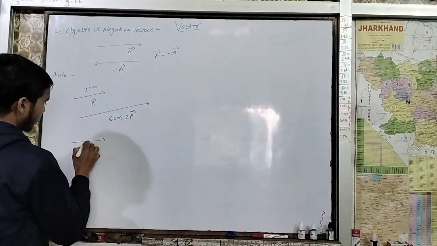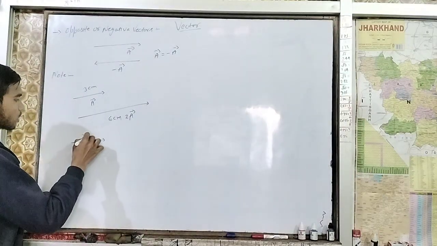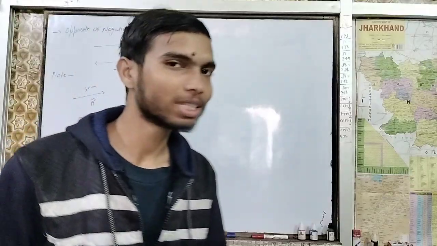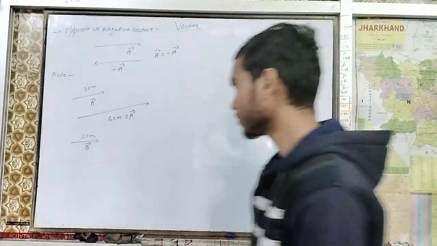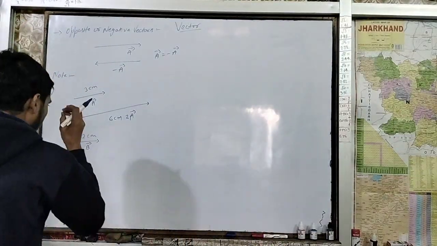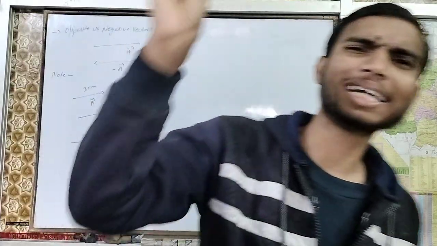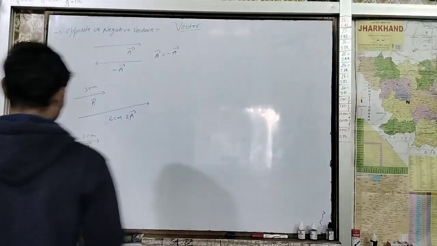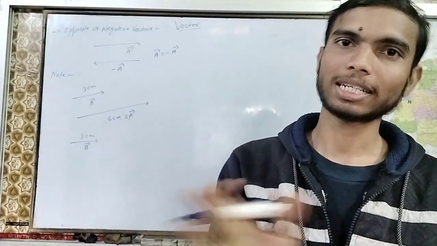For example, now we have B vector, whose magnitude is 2 centimeter. The direction is like this. The question is saying, multiply this B vector by minus 3. You will see that minus is coming. It is telling you to convert the B vector in the opposite direction.